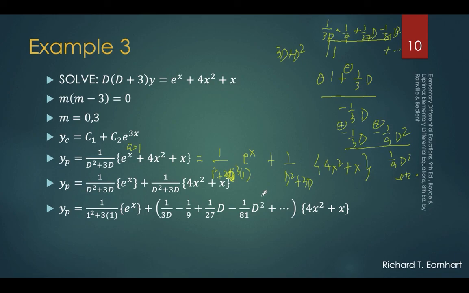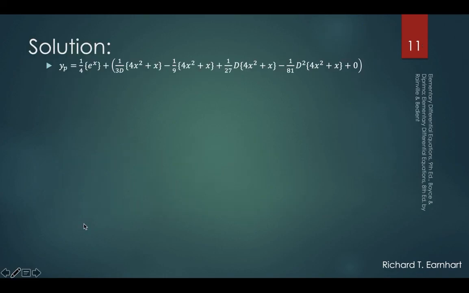Now take note, we'll just consider D squared because the third derivative of x squared will give you 0, no? Because the second derivative will give you a constant here, so the next differentiation will give you 0 for the constant. Okay, so we only consider up to D squared.